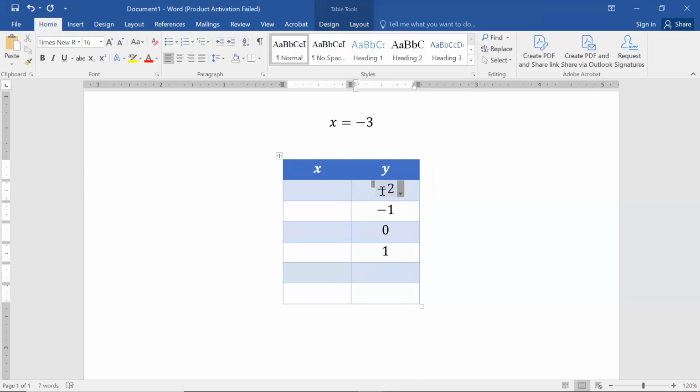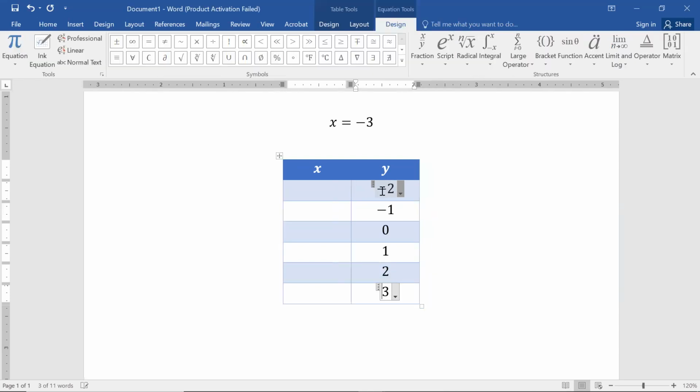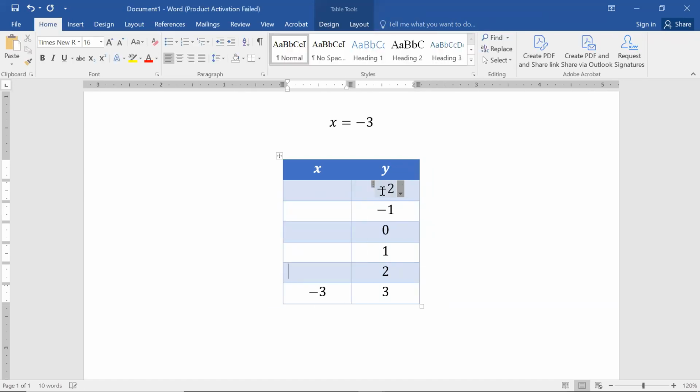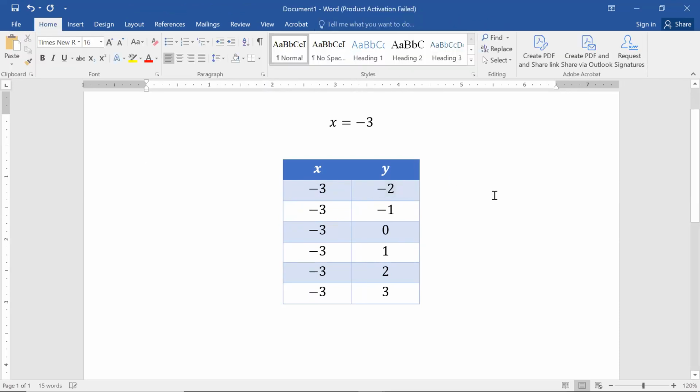I'm going to use -2, -1, 0, 1, 2, and 3 for my y values. But no matter what y value we plug in, x has to be -3. And so we get a bunch of points whose x value is -3, and then we can graph those points.